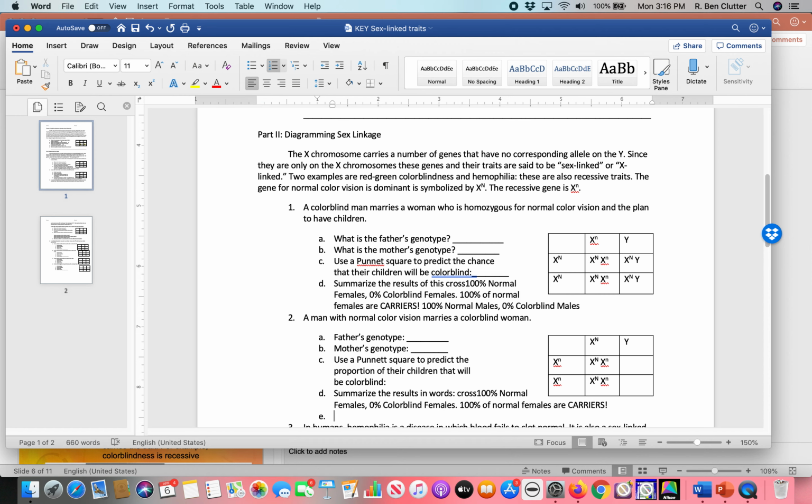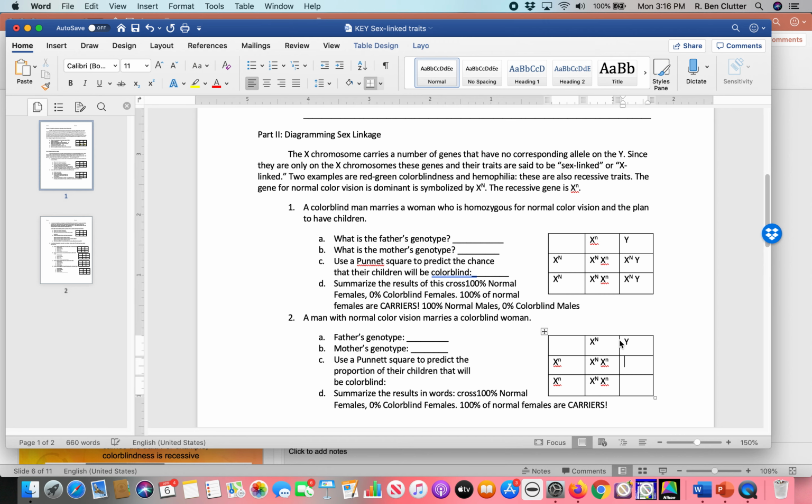All right. Now, what about the males? Okay, so the males, we're going to have this. And remember, the Y chromosome doesn't carry anything, so the males just have whatever is there in their X chromosome.